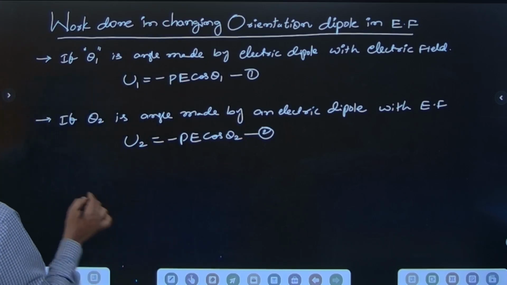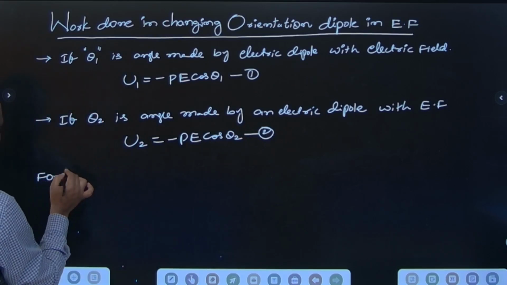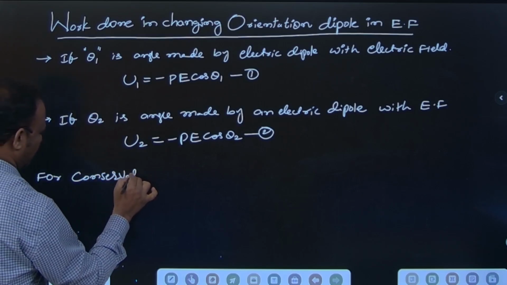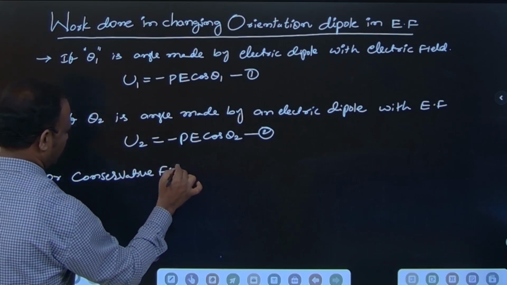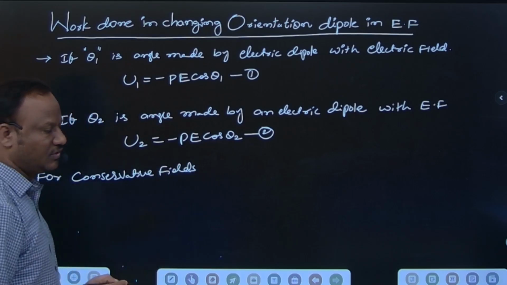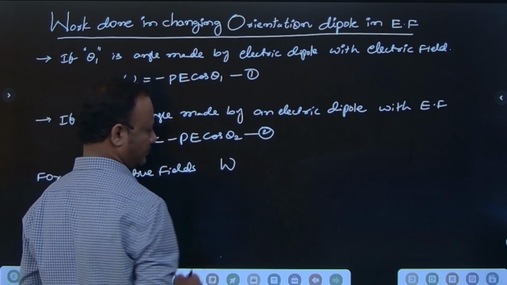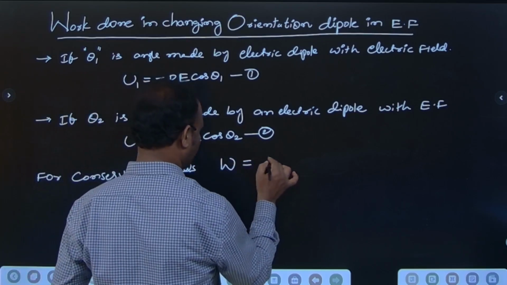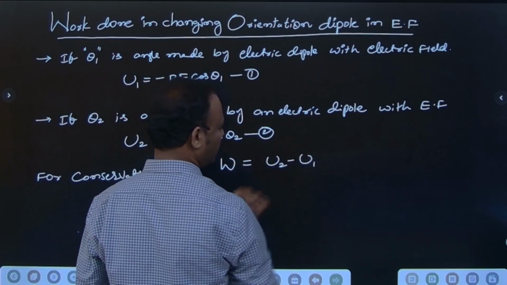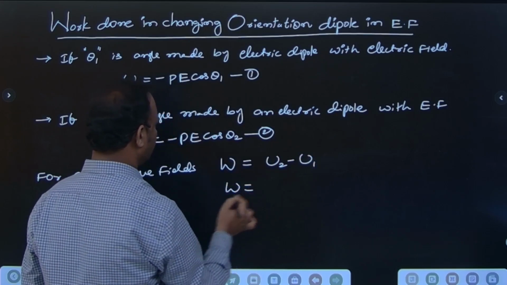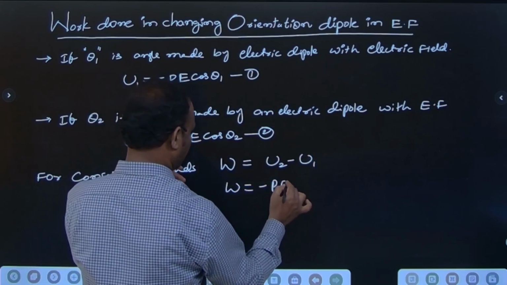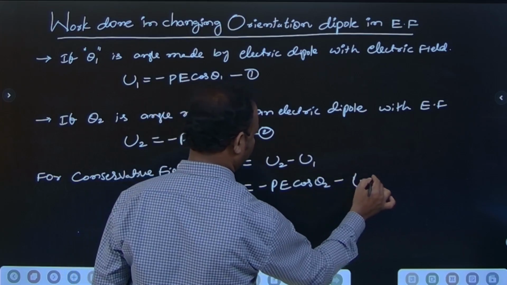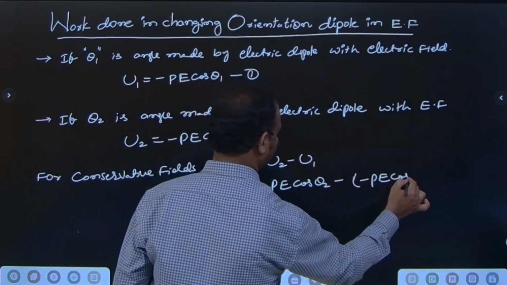Now, for conservative fields, what happens? The external work done is equal to the change in potential energy. W is equal to minus pE cos theta 2 minus of minus pE cos theta 1.